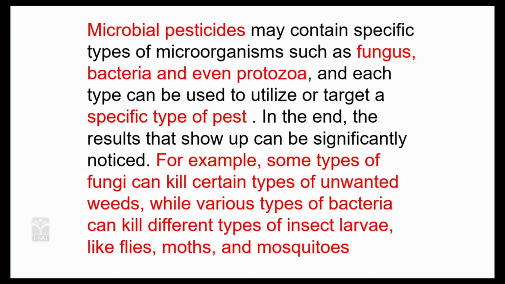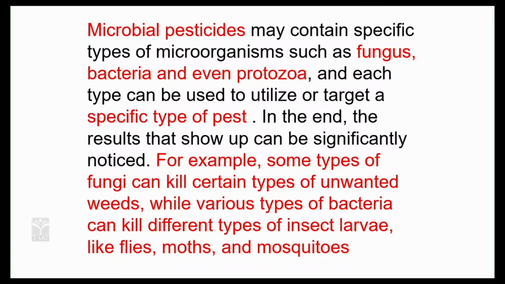They may contain specific types of microorganisms such as fungus, bacteria and even protozoans, which are used as pesticides on the plant, killing certain insects which are infecting the crops, and each type can be used to target a specific type of pest.